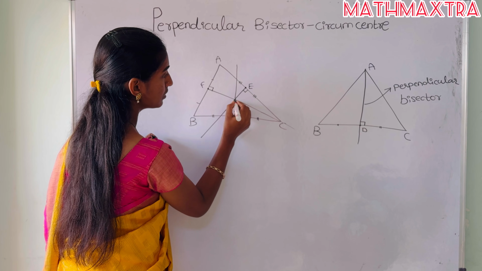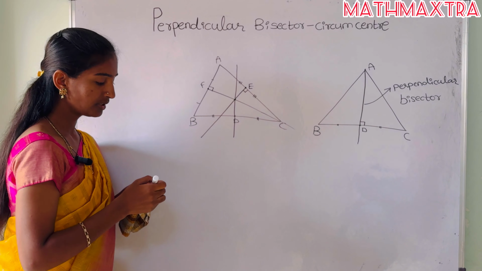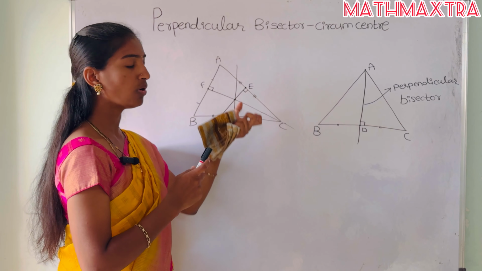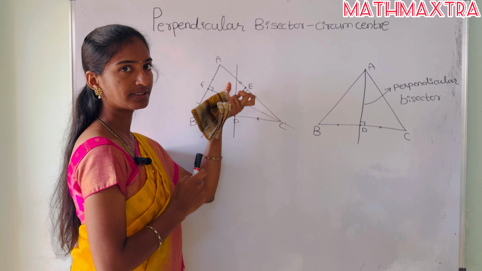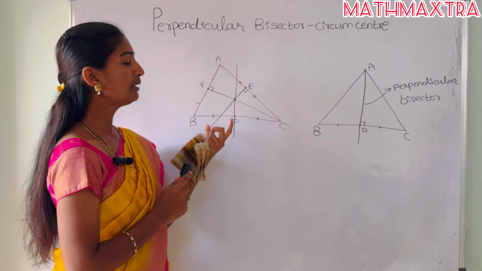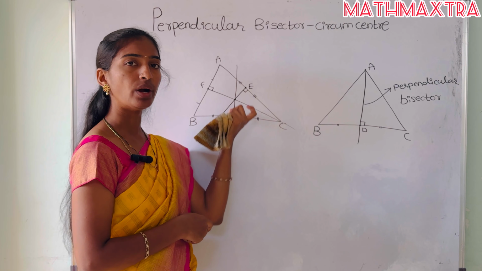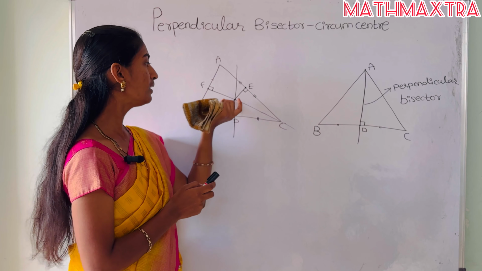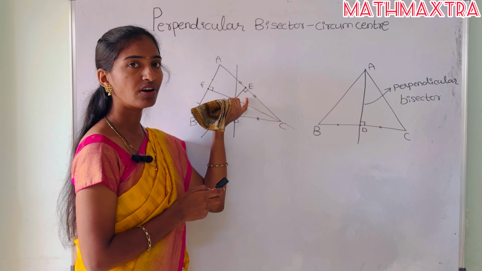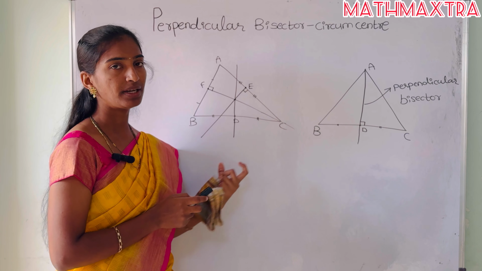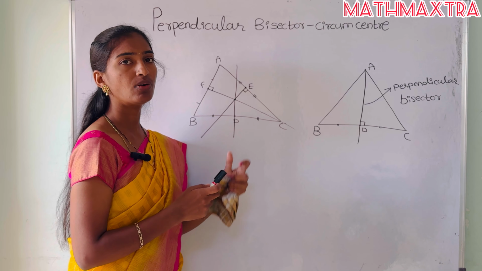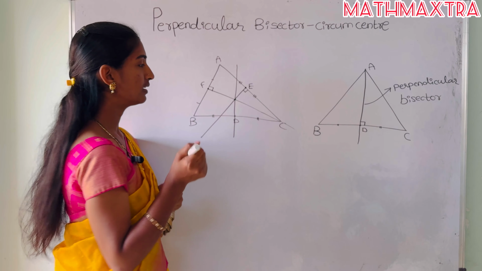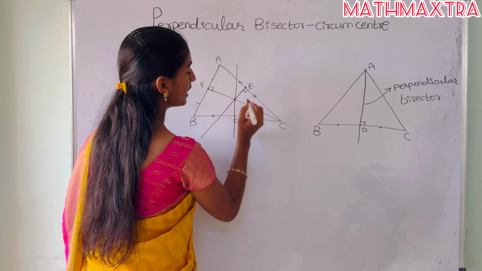So in a triangle, if you draw all three perpendicular bisectors, what happens? The three perpendicular bisectors are concurrent at a point. That point of concurrency of the three perpendicular bisectors is called the circumcenter.